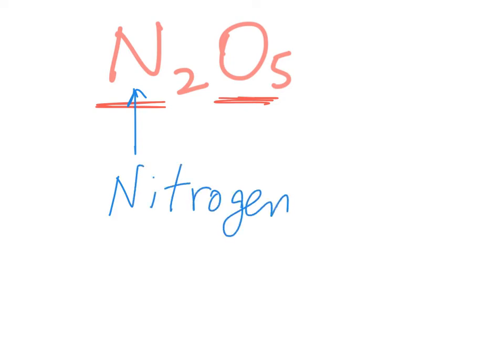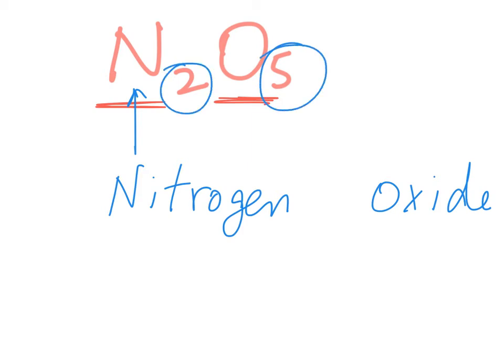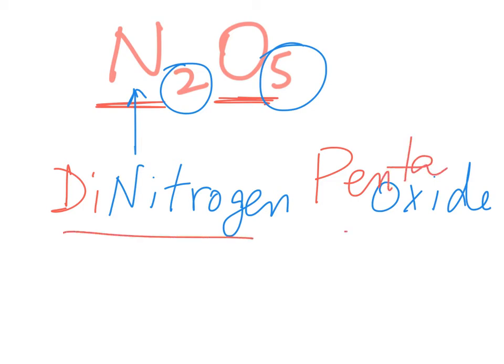And this is oxide, so we say oxide. But in this case, we look at how many of these do we have. So we have 2 nitrogen, so we say dinitrogen, and we have 5 oxygen, we say pentaoxide. So the name would be dinitrogen pentaoxide.